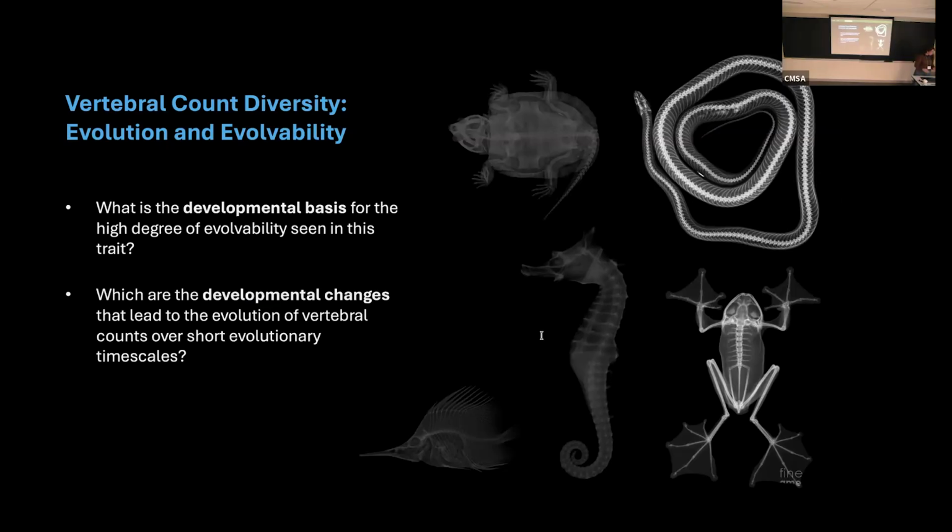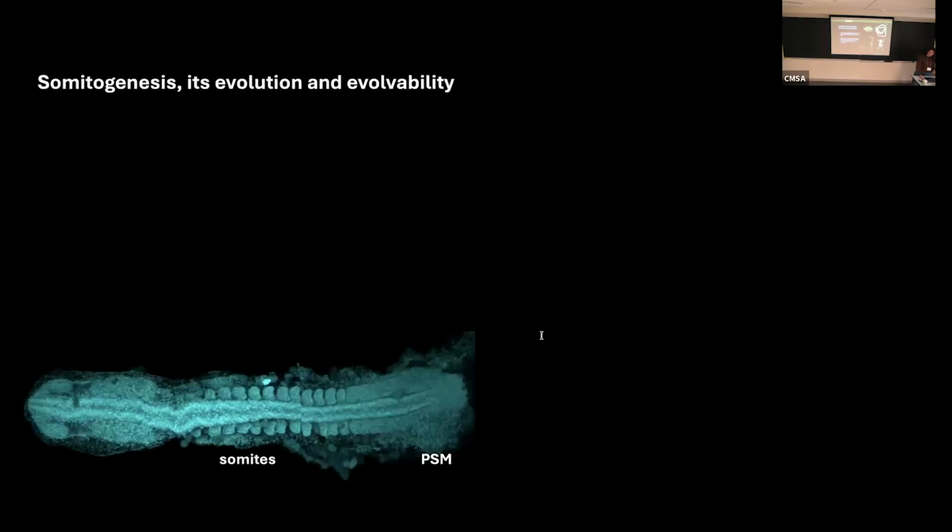And the second is, which are the actual developmental changes that lead to the evolution of vertebral counts over short evolutionary timescales. To do that, we turn to the vertebrate embryo, and in particular to the process of somitogenesis, which has already been introduced in this workshop, but that I'll go over quickly in these next couple of slides.